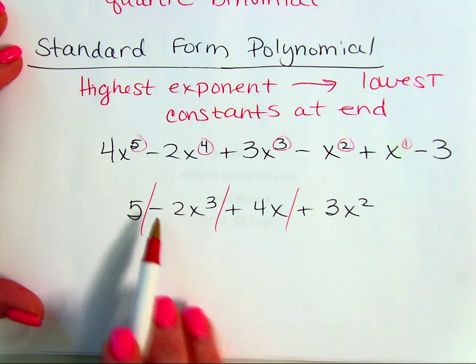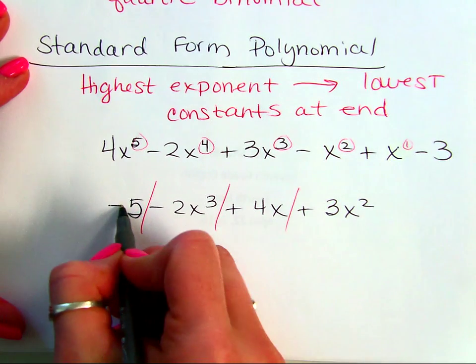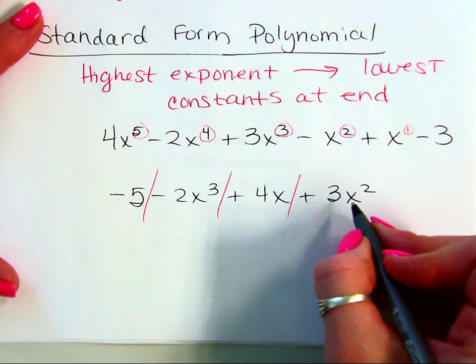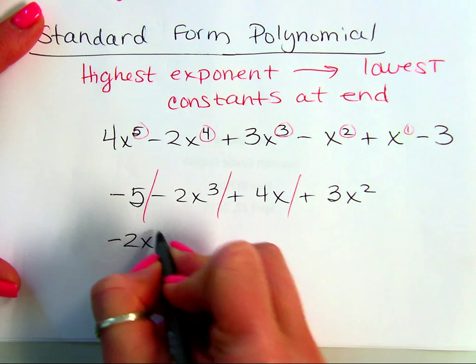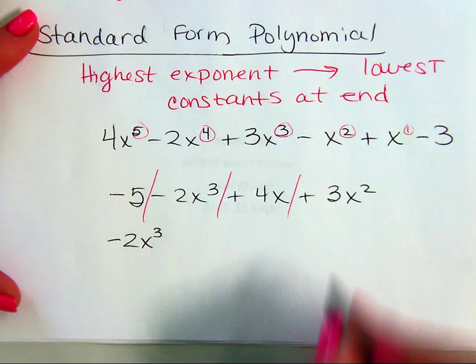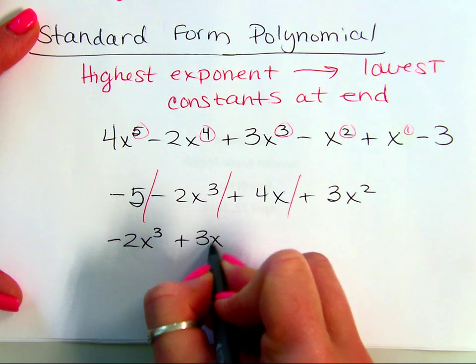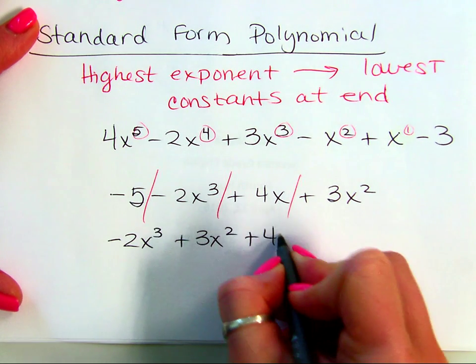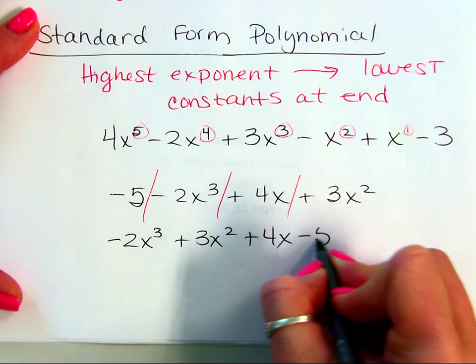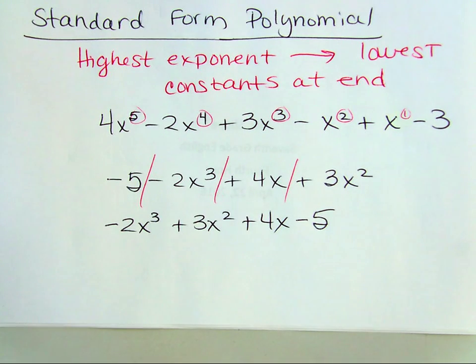Okay, so just let's put a negative here, just to kind of show you. So what has to go first is the negative 2x to the 3rd, then this, then the 4x, and then the negative 5. So you know that. Just to make sure when you move those around that the sign stays with it.